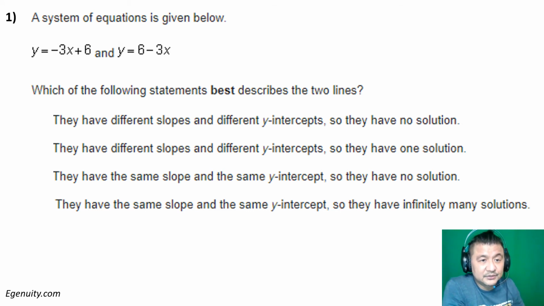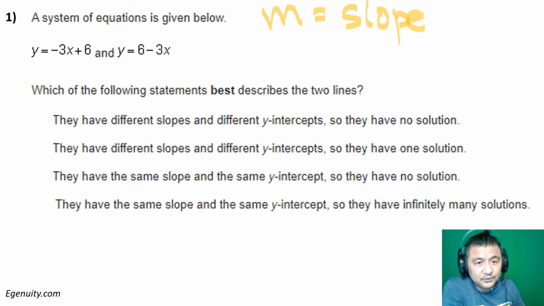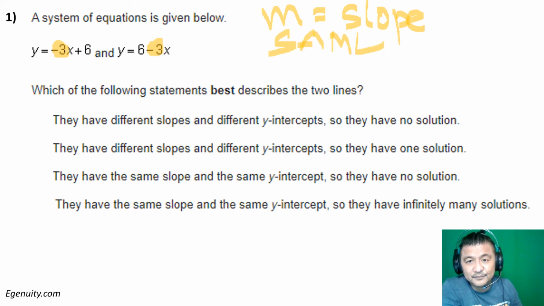Now check this out. The m would be the slope, the one in yellow. So the slope is -3, -3. What do I see? They are the same. Now, let's look at the y-intercept. The y-intercept is the +6. Here, it's also a +6.